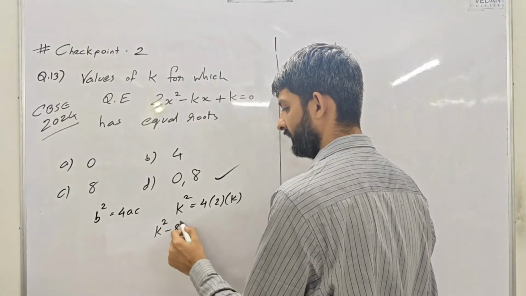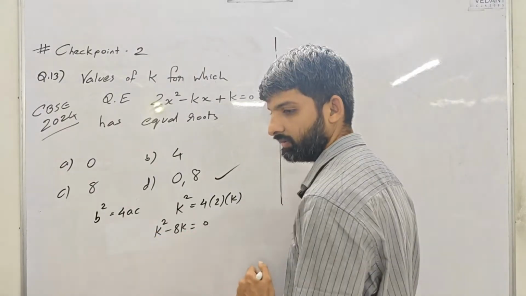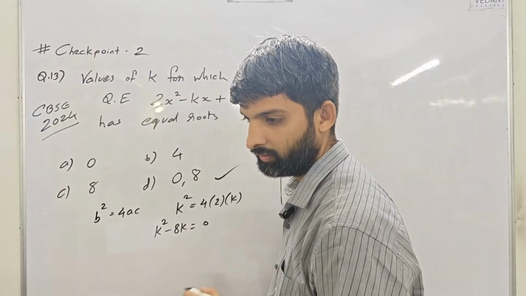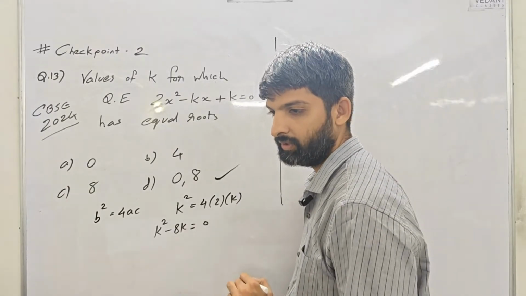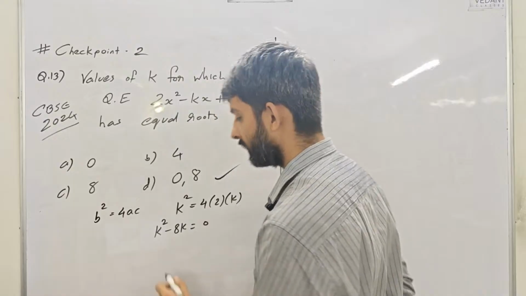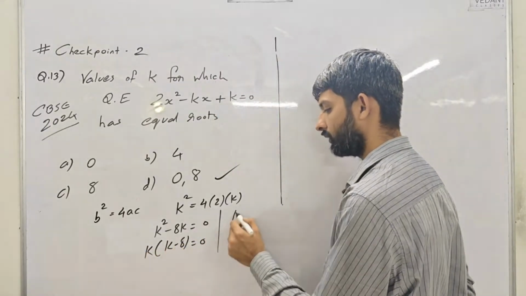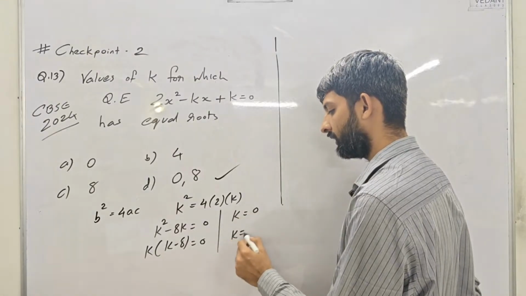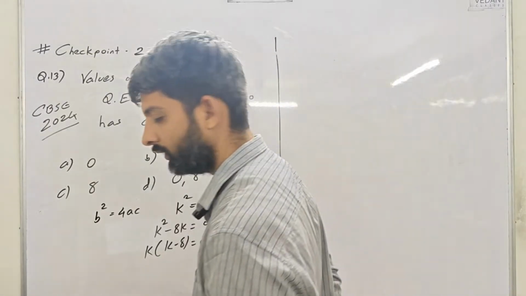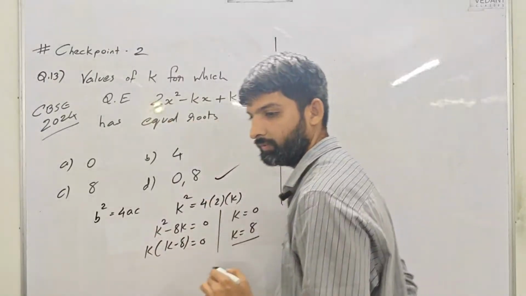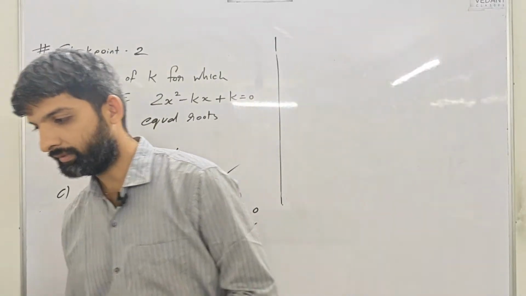So the equation will be k square minus 8k. Taking k common, k into k minus 8 equal to 0. So k will be equal to 0 or k will be equal to 8. So option D will be the correct answer.